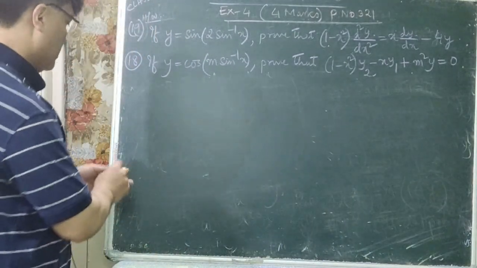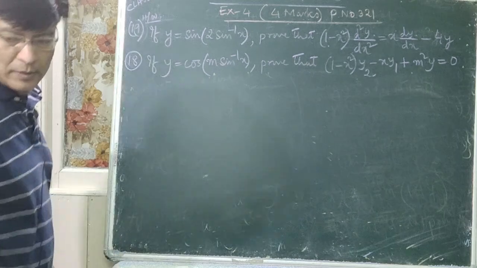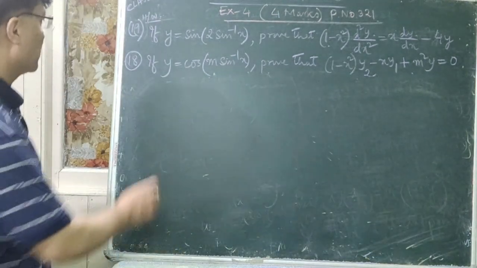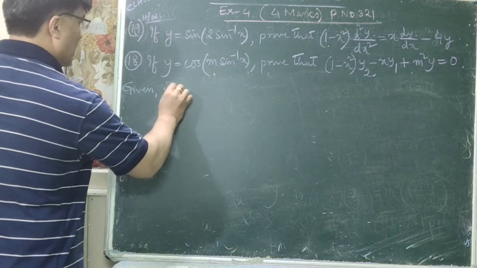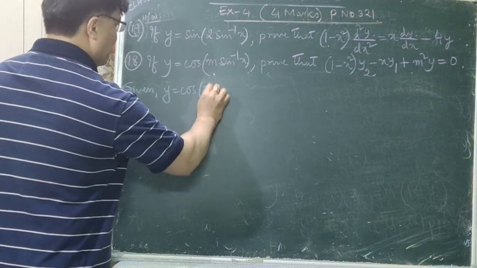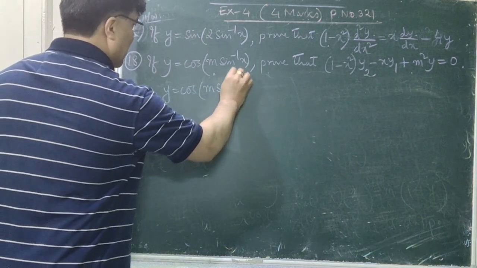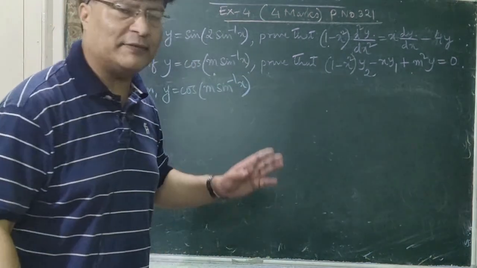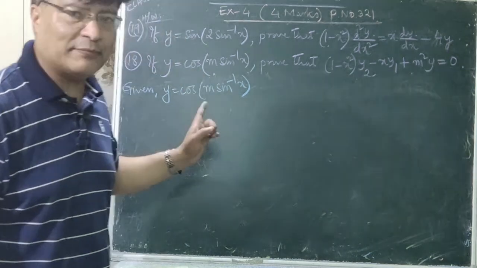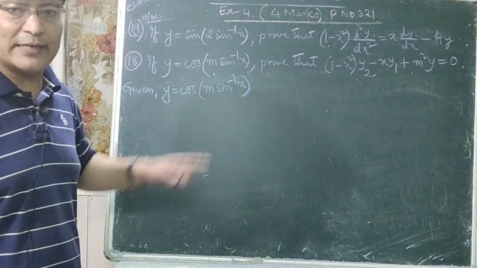So now here given is, we'll do another method now. Here given is y is equal to cos of within bracket m sin inverse x. So in the first method we have differentiated it directly.